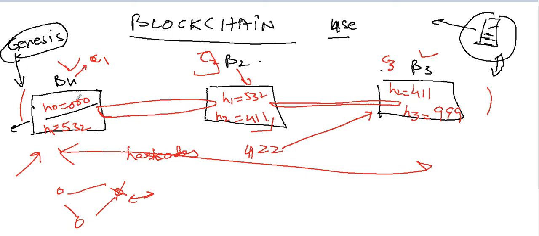Even if we change the hash code of the genesis block, for example, instead of 532 we make it 555, then the whole chain is corrupted, because here it's not equal to this, since this 532, if we change it, then this is also changed. So it's a very good, secure storage system.